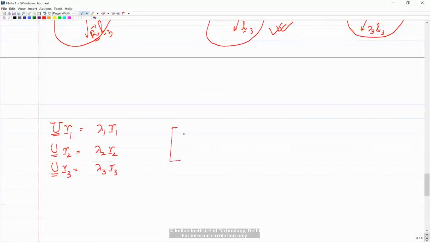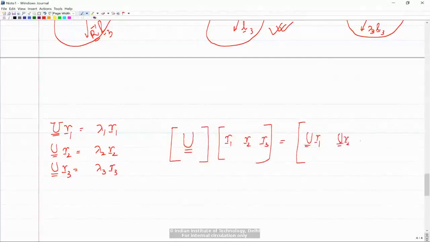Can I write the following? U multiplied by this R1, R2, R3. Isn't this same as UR1, UR2, and UR3? We had seen this while working out the volume change.